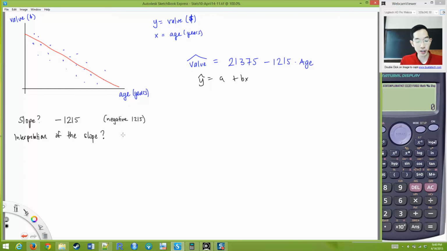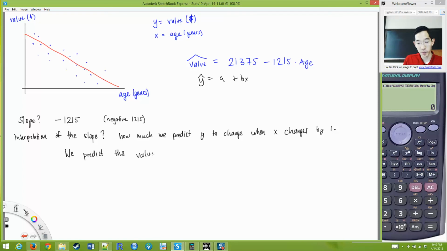Okay, so the generic definition is how much we predict y to change when x changes by 1. So in this problem, what does it mean? It's how much we predict what to change. Yeah, we predict the value of the car to go up or down or what? To go down, how much?